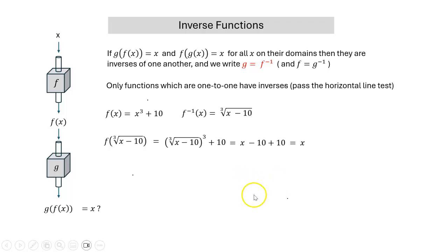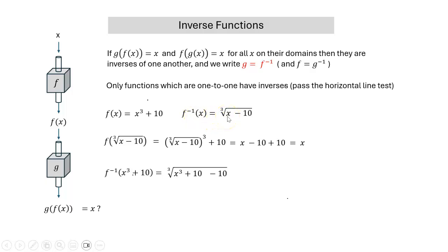How about the other direction? What about f inverse of f of x? So I take x, give it to f, and I'm sitting here at x cubed plus 10. Now I'm going to take that and feed it into f inverse. So I do what f inverse says to do.